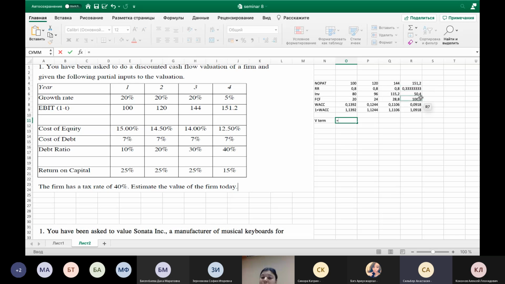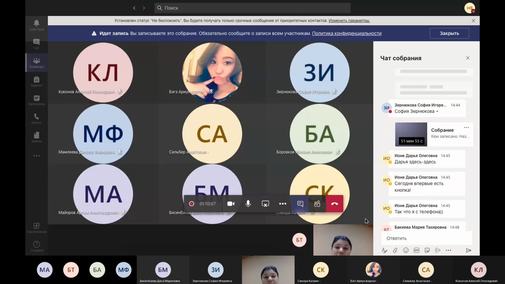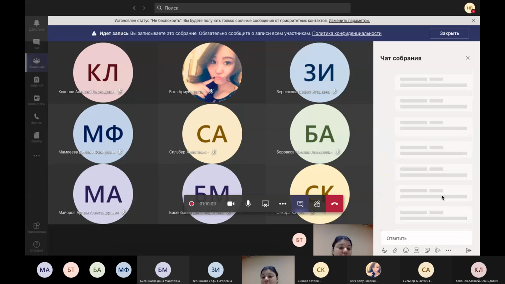Should we use our free cash flow and WACC probably? And how could we use our free cash flow? Our free cash flow of the last year multiplied by what?